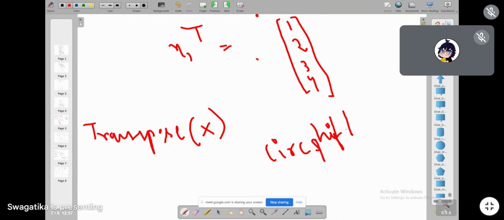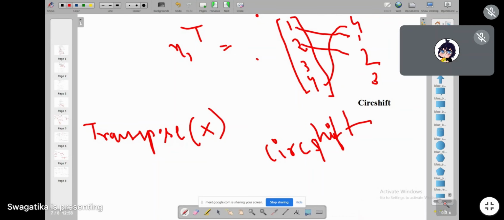This stands for your circular shift. Okay. What you were doing in the matrix, 4 will be here, then again 1 2 3, like this shifting, that is your circular shift.